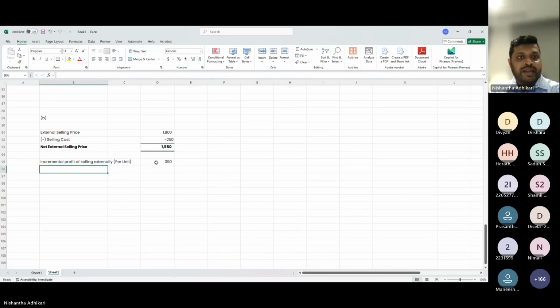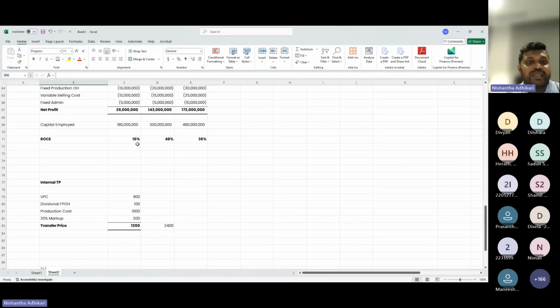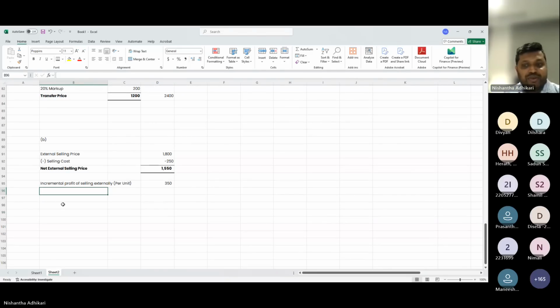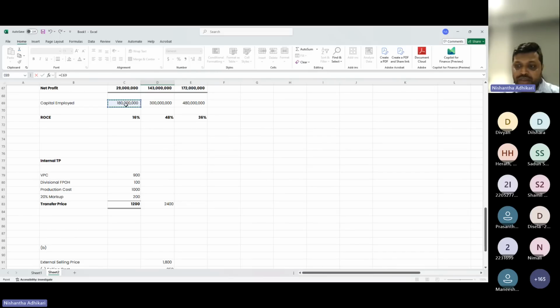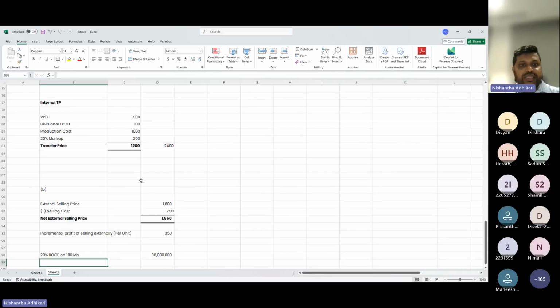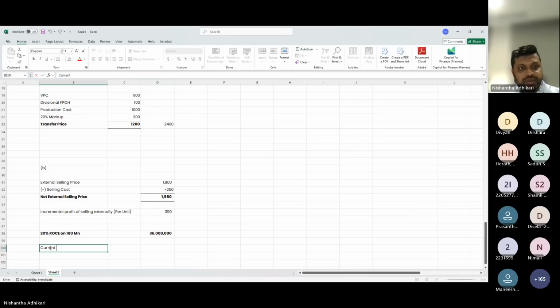And then what is the deficit? In order to make a 20% return, 20% ROCE on 180 million, let's work it out. 180 million, if you want 20%, you should be able to earn 36 million, right?